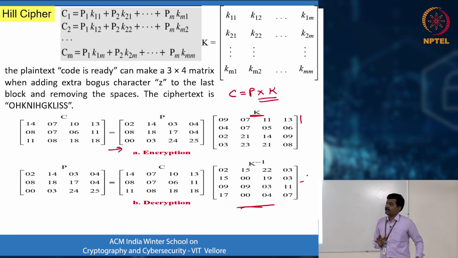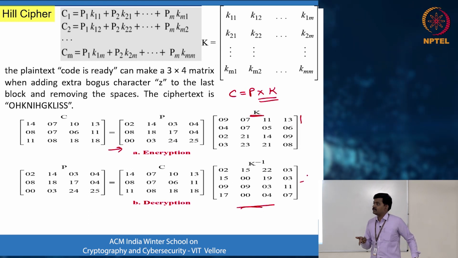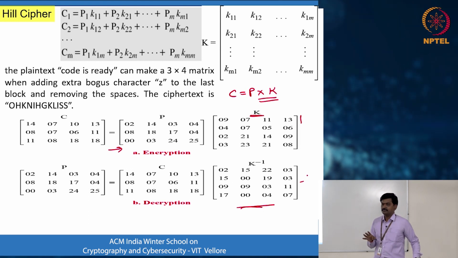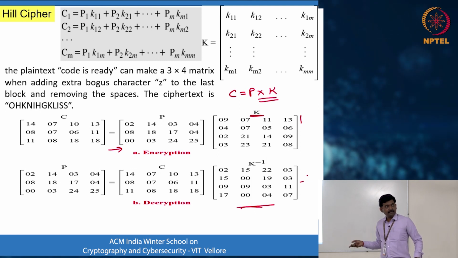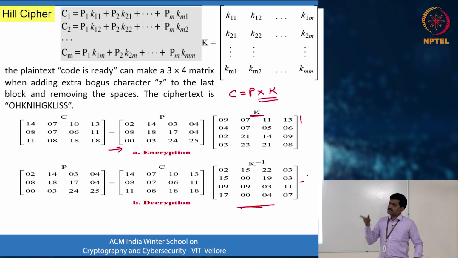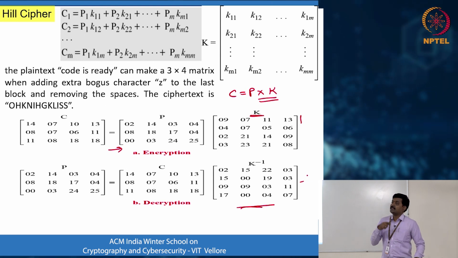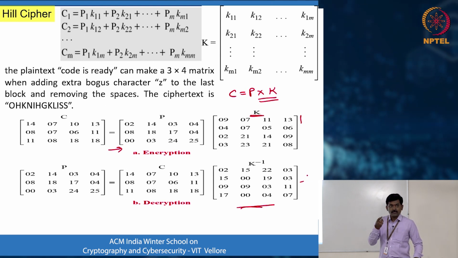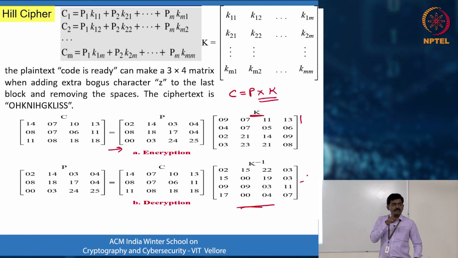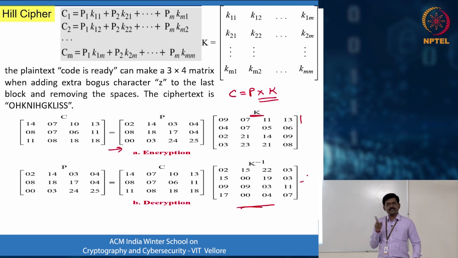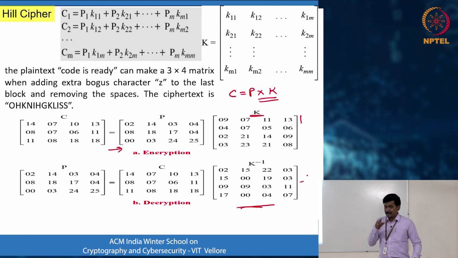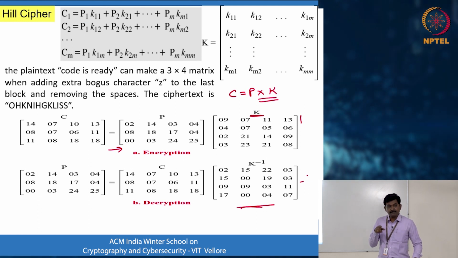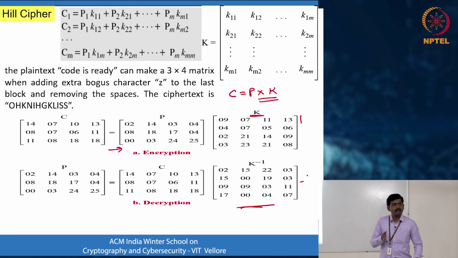Whatever asymmetric says, K1 is not equal to K2. But that is not applied here. Even in the case of symmetric, that is the reason why I said C is equal to P plus K mod 26, and P is equal to C minus K mod 26.